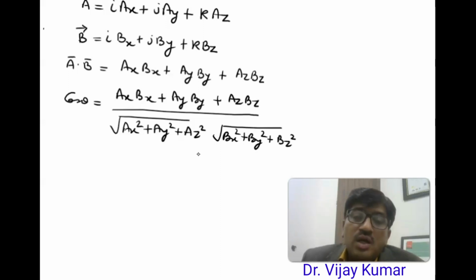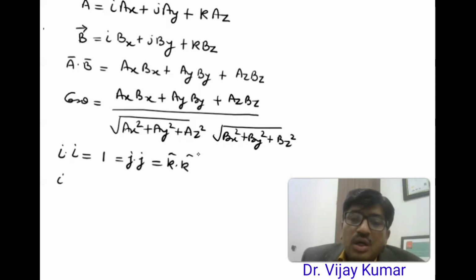And we know that dot product of I and I, I dot I, should be 1 and also equal to J dot J and K dot K. The dot product of I J is 0, J dot K is 0, and I dot K is also equal to 0.